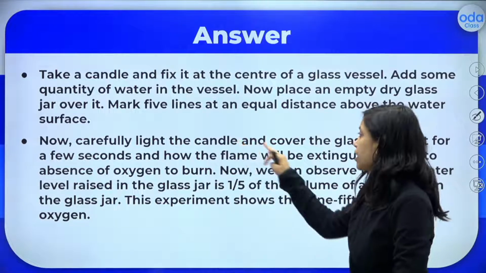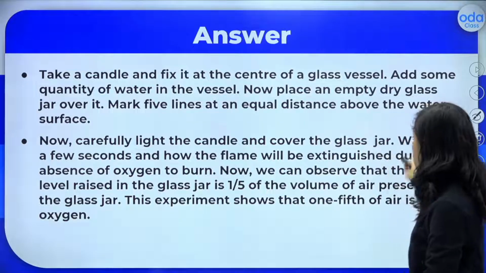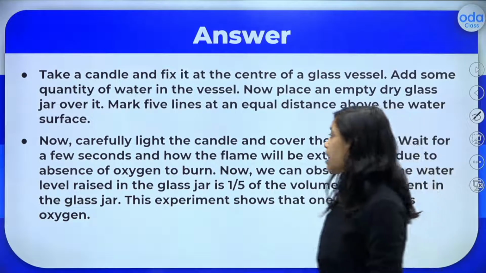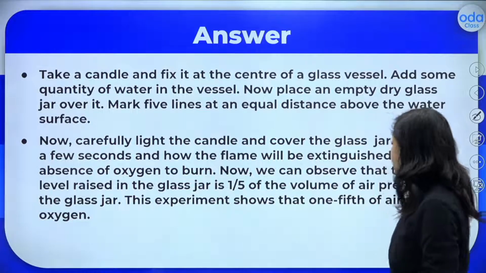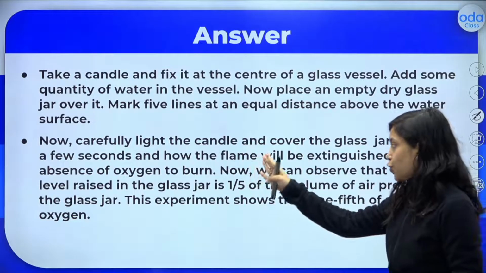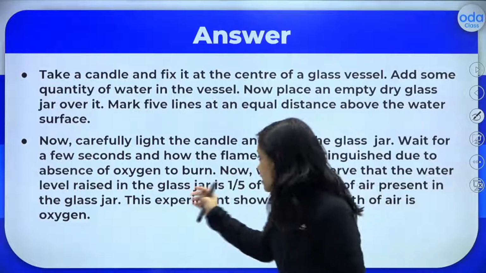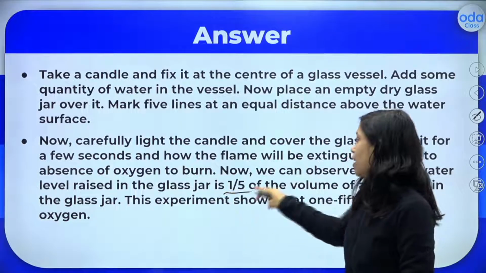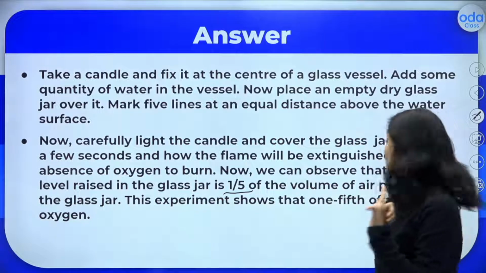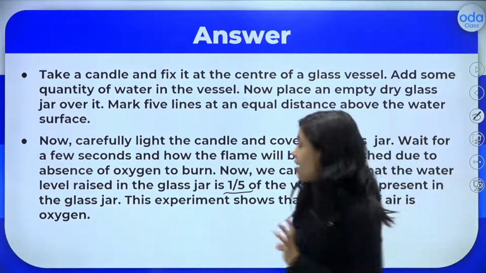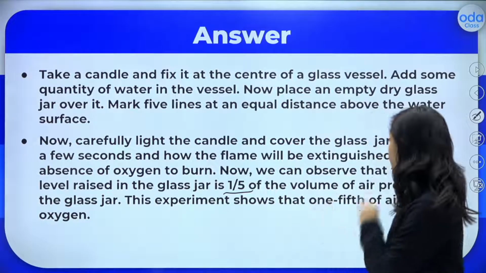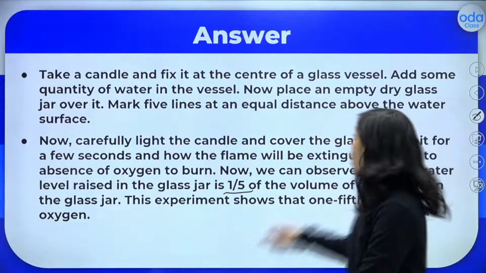Now carefully light the candle and cover the glass jar. Wait for a few seconds and the flame will be extinguished due to the absence of oxygen to burn. Now we can observe that the water level raised in the glass jar is 1/5 of the volume of the air present in the glass jar. This experiment shows that 1/5 of the air is oxygen.